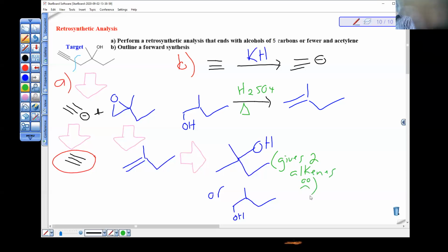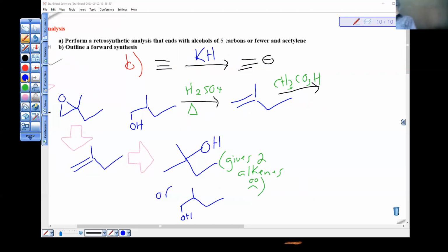Little sad face. There. And now I need to make my epoxide so that I can react it with the acetylide. So this epoxide needs to be made from this alkene, and we can use our peracid. You can use peracetic acid again, it's just an easy one. Gives us this epoxide here.